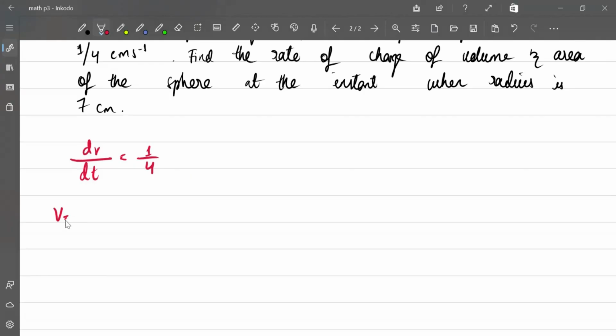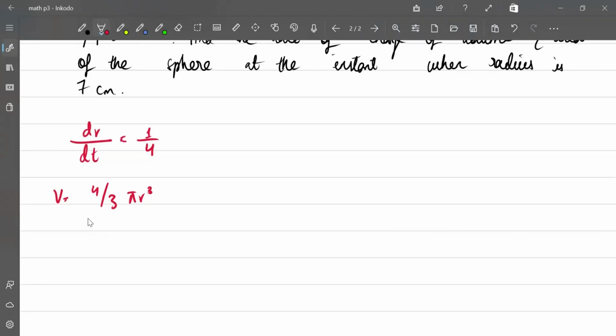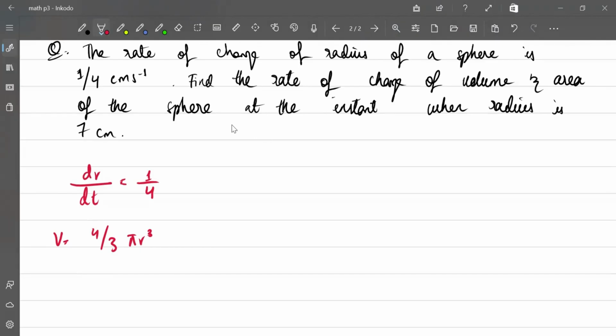The formula to calculate the volume of the sphere is 4 upon 3 pi r cube. And in case you don't remember the formula in the exam, you can always refer to the MF19 formula sheet, which is provided to you. So you don't need to be worried about that. Usually the question also gives you the formula if required.